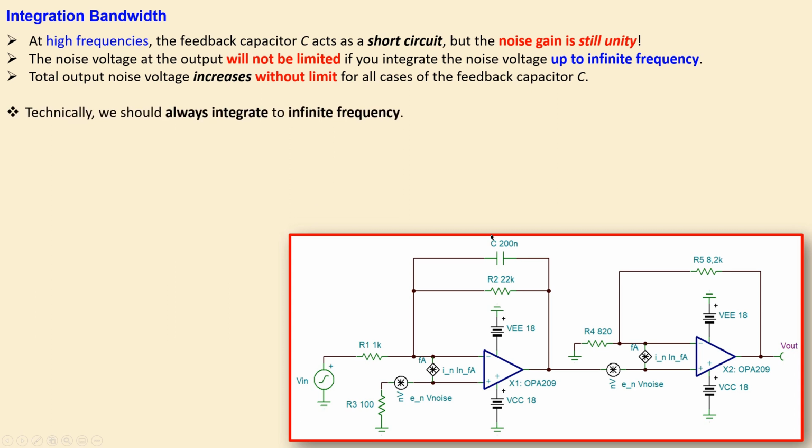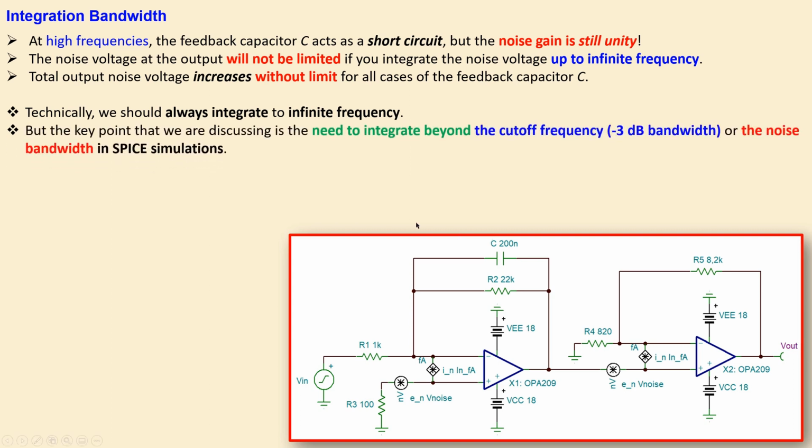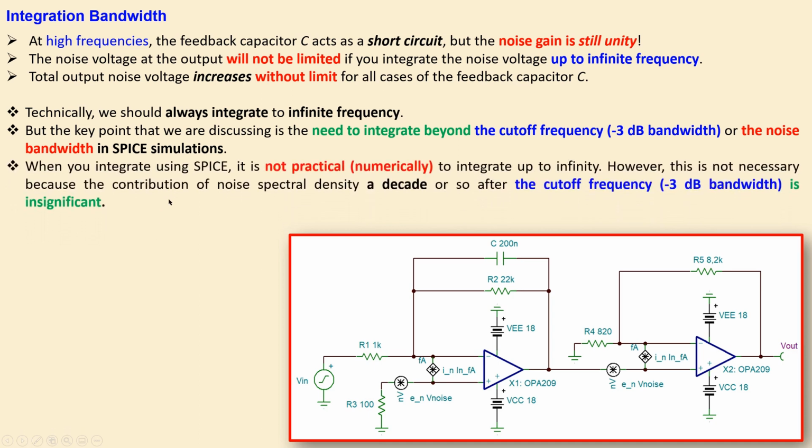Now technically we should always integrate to infinite frequency. That's what we should do in theory. But the key point we were discussing here is the need to integrate beyond the cutoff frequency we just calculated, which was approximately 36 Hertz, or the noise bandwidth in the SPICE simulations. When you integrate using SPICE, it is not practical numerically to integrate up to infinity. That will give you very different results.